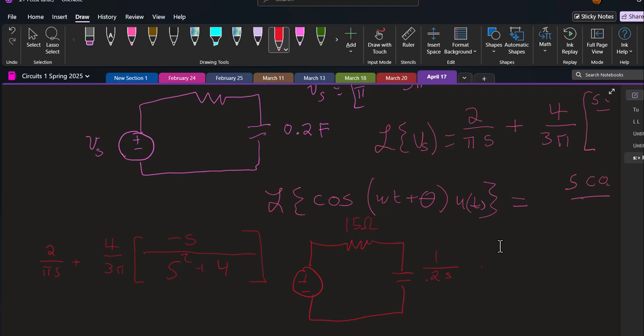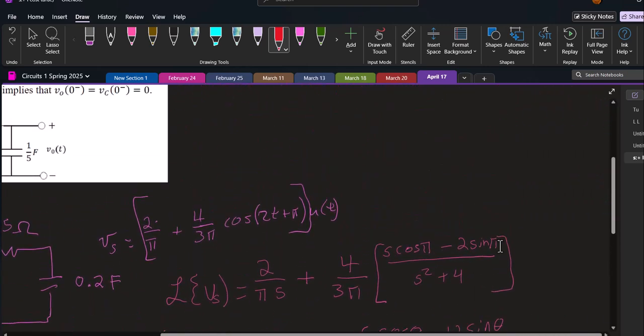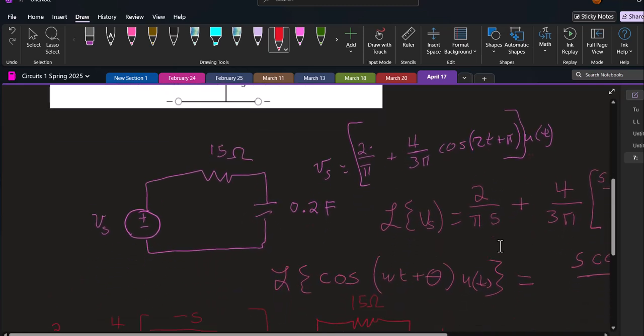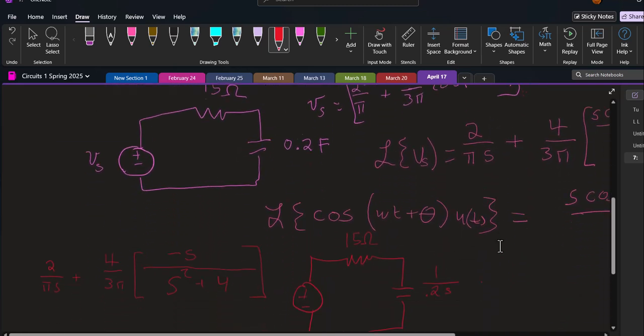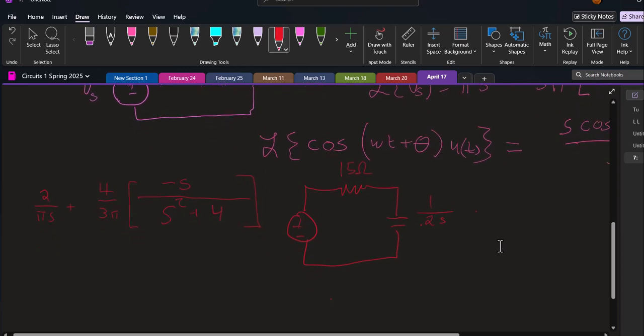If you look at our voltage function, it had a unit step function at the end of it, so we know it was 0 until we got to 0. If it was 0 before, the capacitor did not have any voltage ahead of time, so I don't need to add that extra little voltage source. Okay. So 1 over 0.2 S is the same as 5 over S.